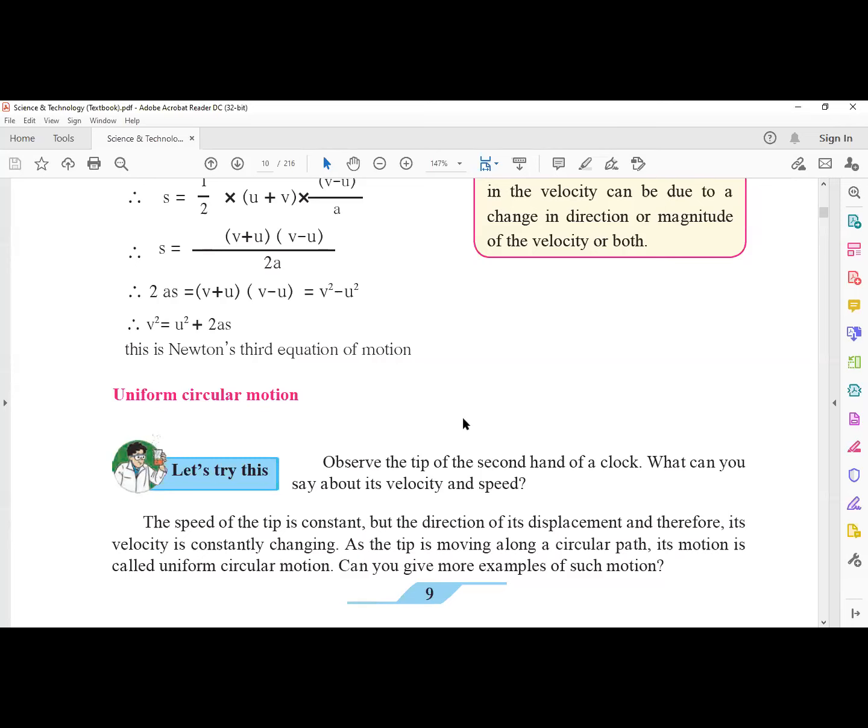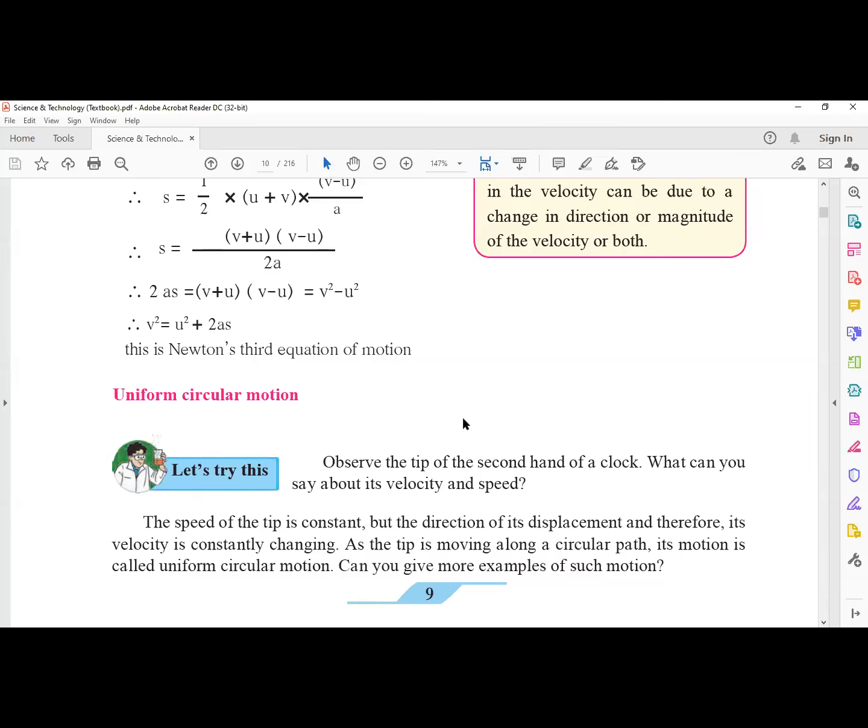These hands are performing a rotational motion, but the tip of the hand, if you observe it carefully, covers a certain distance. It makes a short displacement in an equal interval of time, right? It displaces by an equal amount in equal intervals of time.